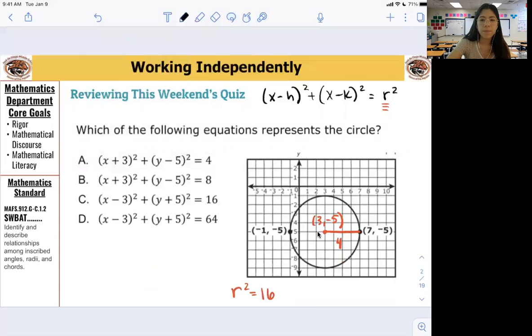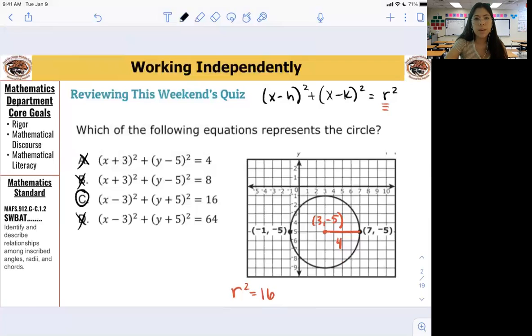You flip the signs. It's the opposite. So positive 3 is going to be negative 3, and negative 5 is going to be positive 5. So based off of that, you know it's not going to be A, you know it's not going to be B. And then since the radius squared is 16, exactly.